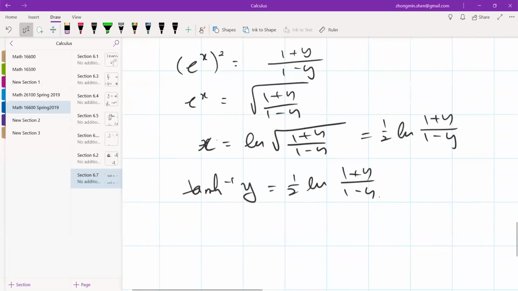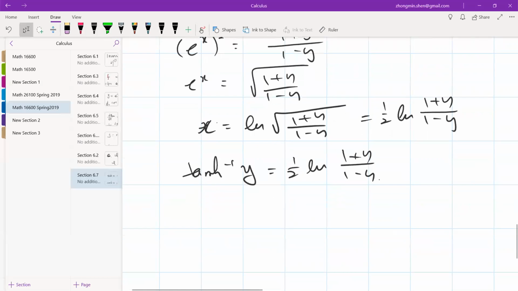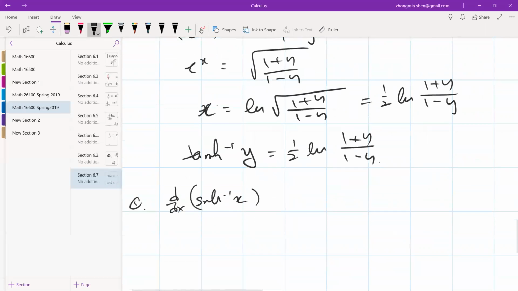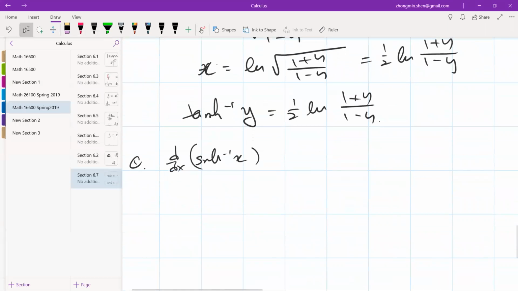So let's try to find the derivative. There are 2 options. Here's the question: what is the derivative of the inverse hyperbolic sine x with respect to x? You have 2 options. One is to use the formula for the inverse function. The other is to differentiate directly. Method 1, let's try this.